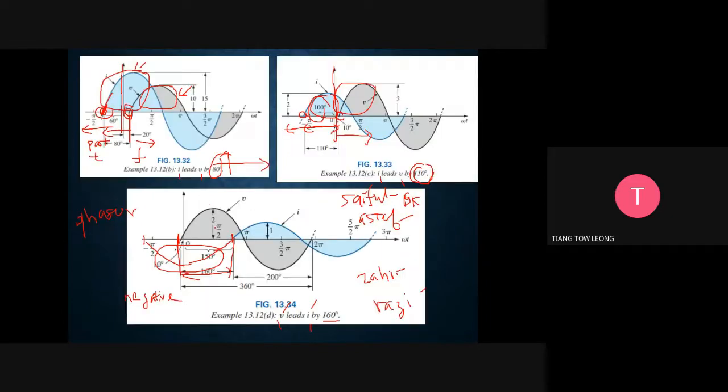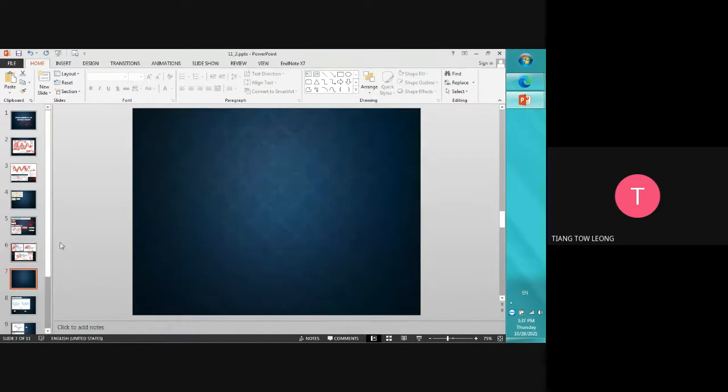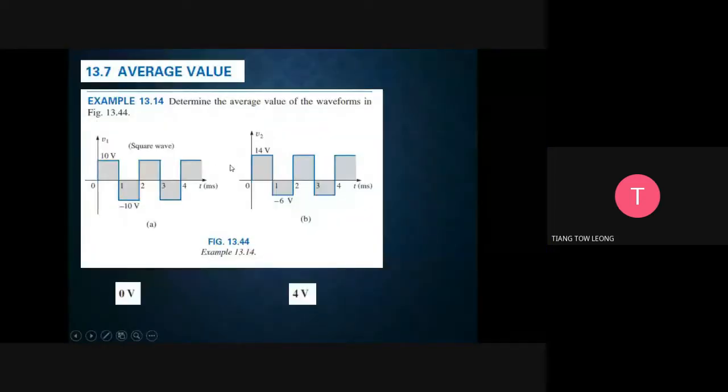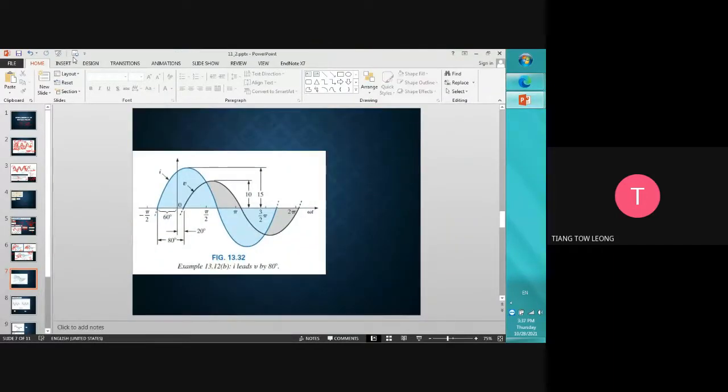And then how can I put it into a phasor diagram? Let me think. It is at 0, and it is positive. Okay, let me try to put it in a phasor diagram. Do you still remember the phasor diagram or not?